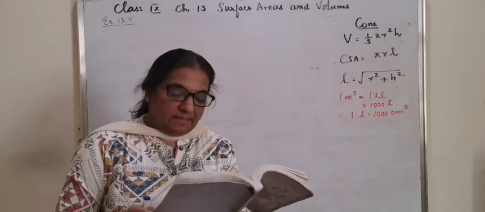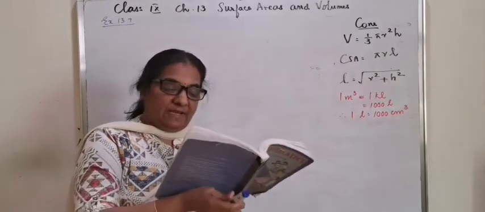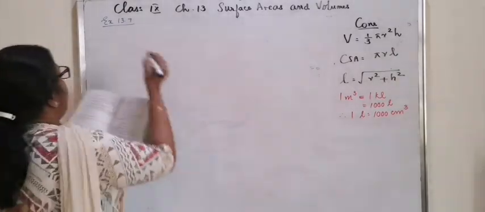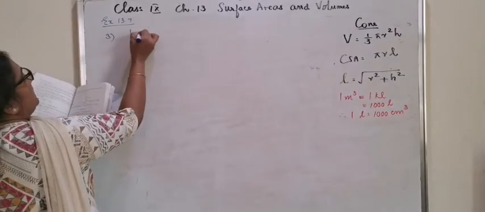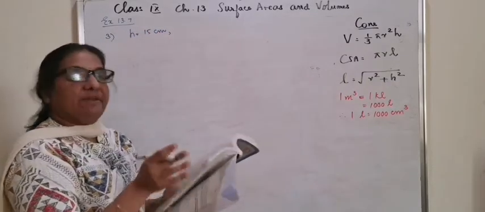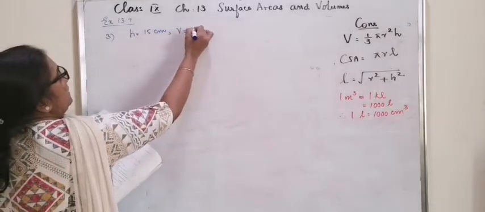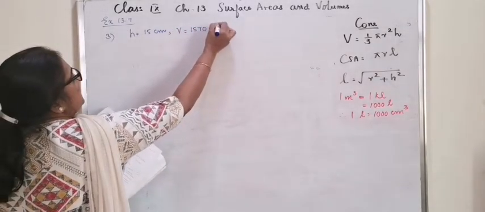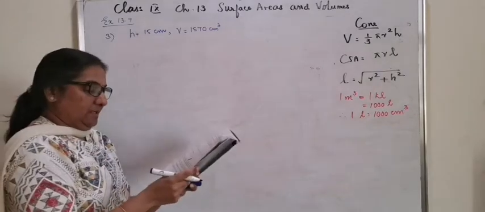Question 3. The height of a cone is 15 centimeter and its volume is given as 1570 centimeter cubed.